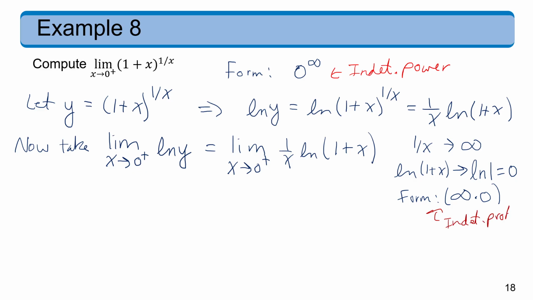And we had a specific strategy for that, and that is to rewrite this product as a quotient by bringing one of the terms down to the denominator as its reciprocal. So we're still not taking the limit, so now equals, keep our limit sign.